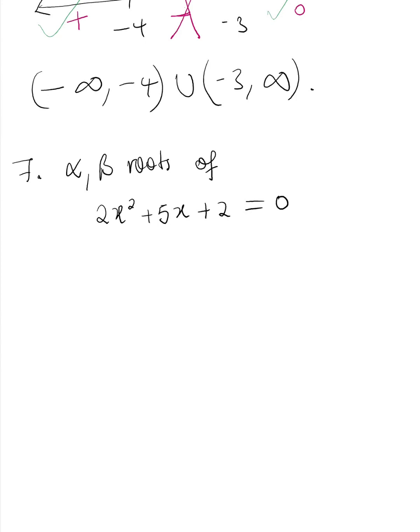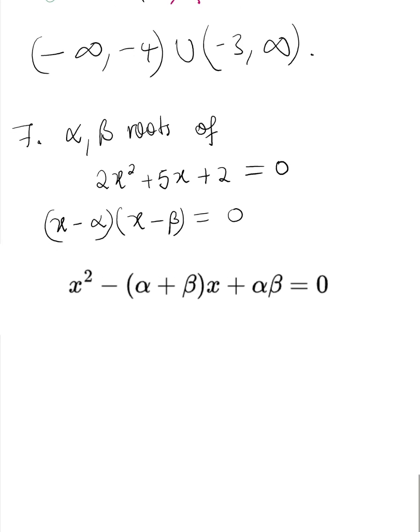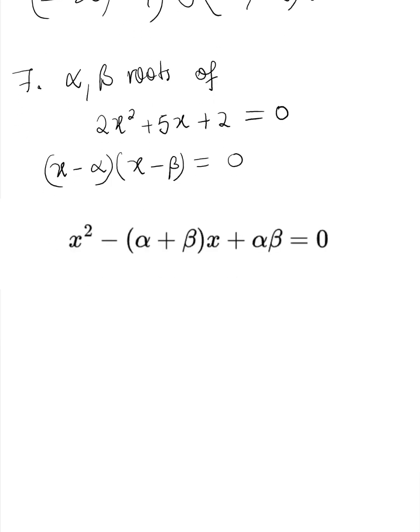One thing you need to remember is that if alpha and beta are roots, then you can factorize the expression as x minus alpha multiplied by x minus beta, equal to 0. When you expand this, you find x squared minus (alpha plus beta)x plus alpha beta equals 0. This is the basic thing that you need to know.